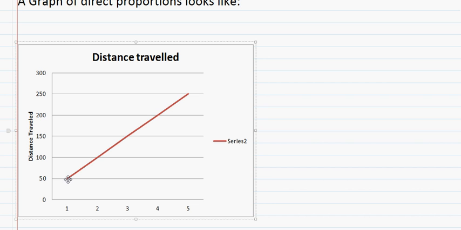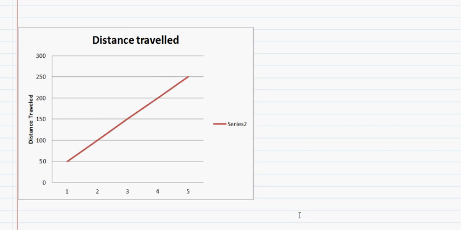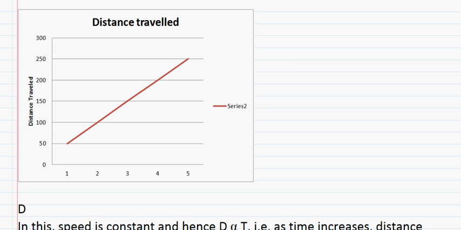After 1 hour he has covered 50, after 2 hours 100, after 3 hours 150, after 4 hours 200, and after 5 hours 250. So the distance is directly increasing with time, which means distance is equal to k times time, where k is some constant.